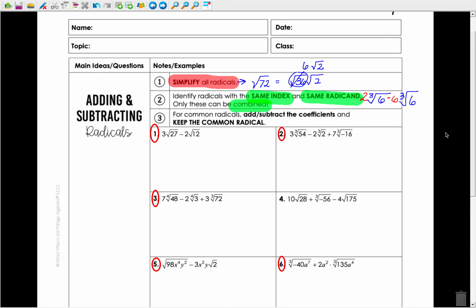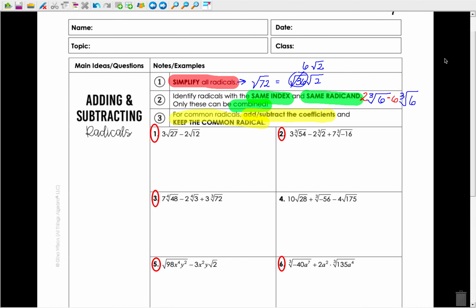The last thing you would do is add or subtract the coefficients and keep the common radical. When I say this, I'm trying to get you to think back to when we did like terms. For example, if we have 2x and 6x, we would just add the coefficients and get 8x. Well, the same thing is basically true with these, except we would be adding the number in front of the radical.